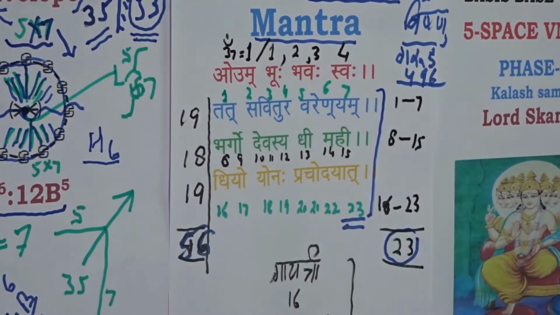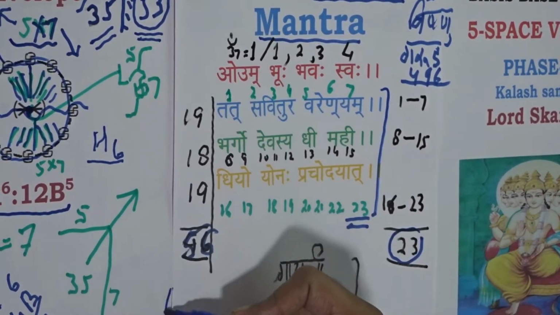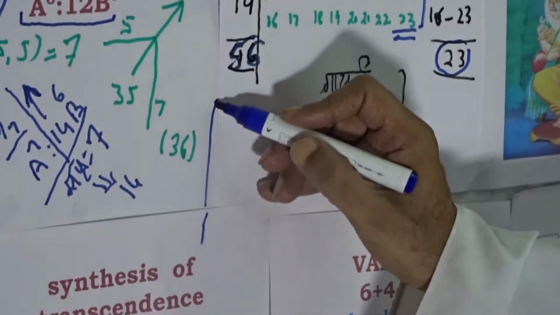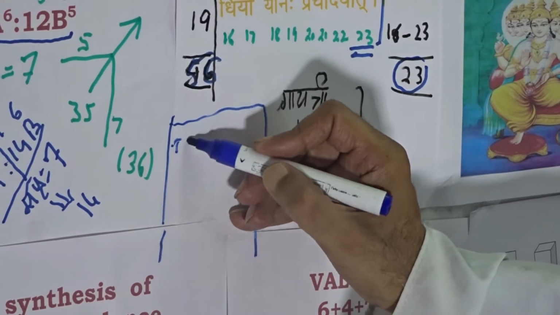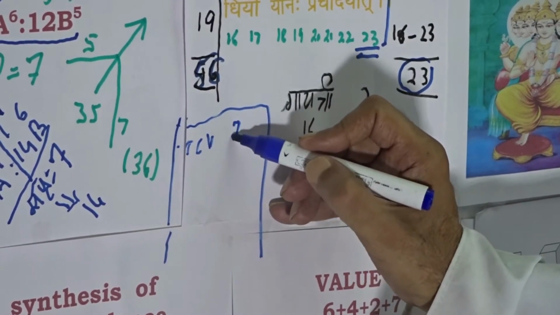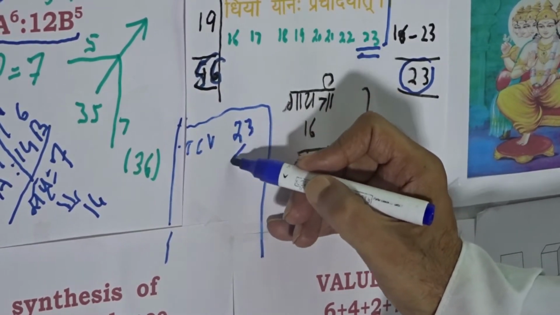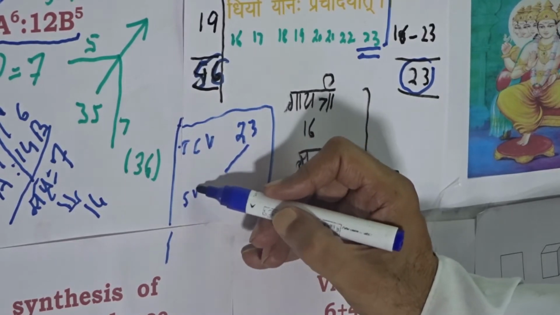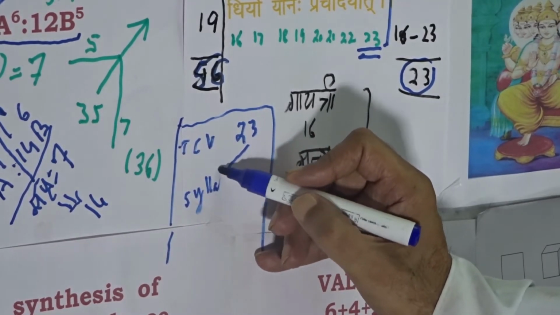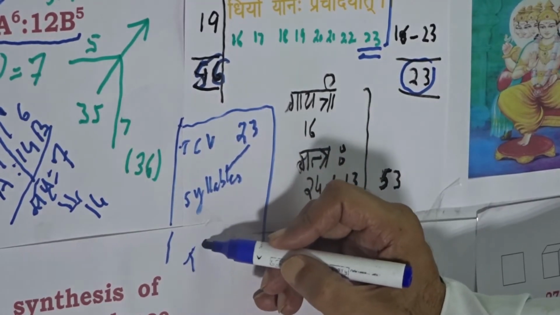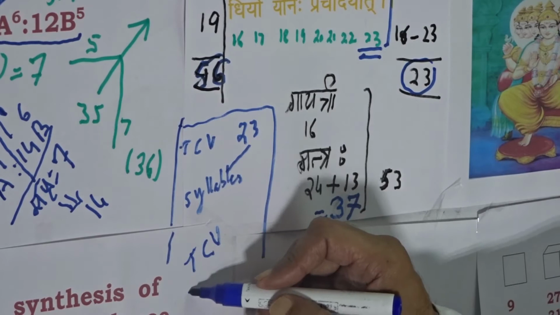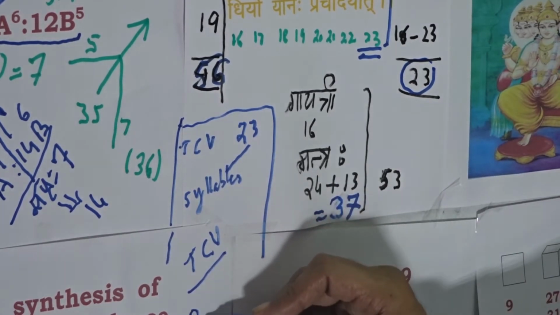Here the reach would be that instead of the TCV values, say TCV value 23 as 23 syllables, akshars. How the TCV values which we reach at when these are taken as syllables.